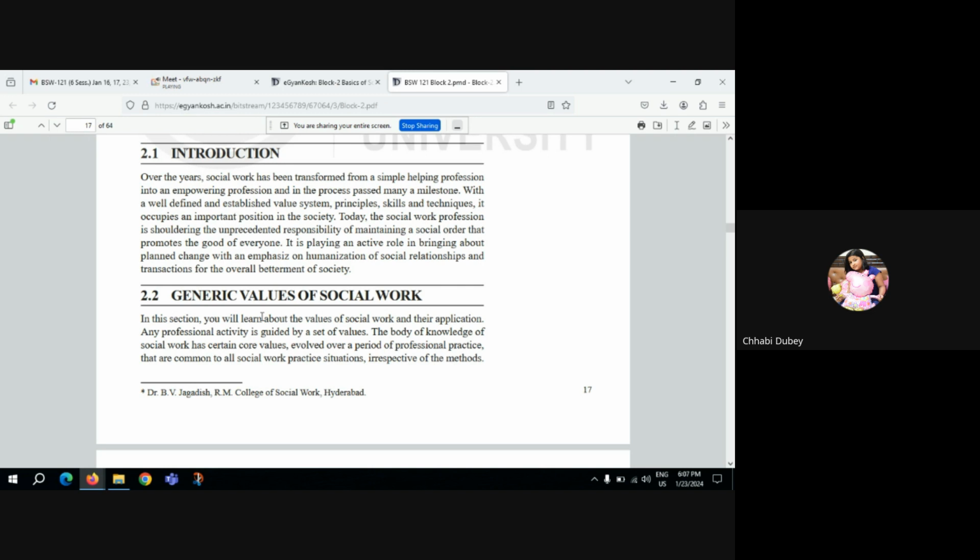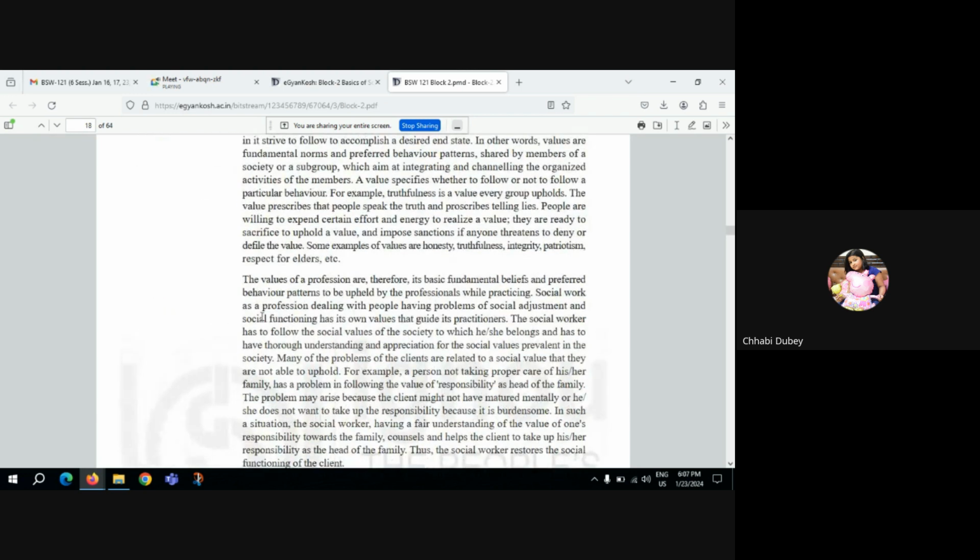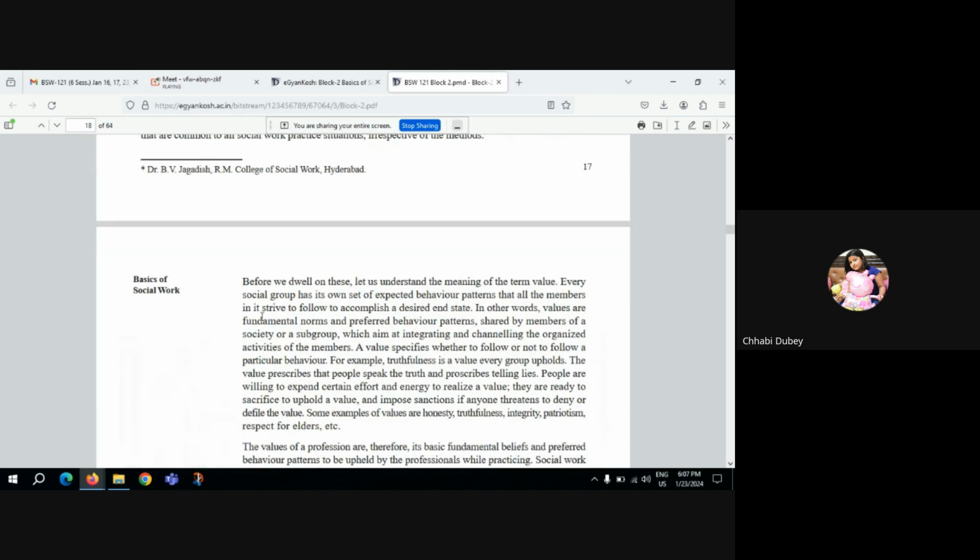And there are certain core values which have evolved over a period of professional practice, which are common to all social work practice situations, irrespective of the methods. So whatever method we are following, whether we are resorting to casework, group work, community organization, social action, or research, we are supposed to follow these general principles.